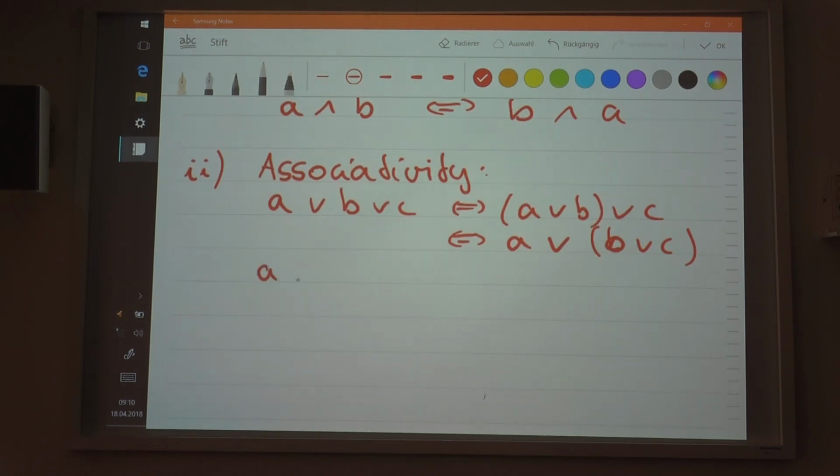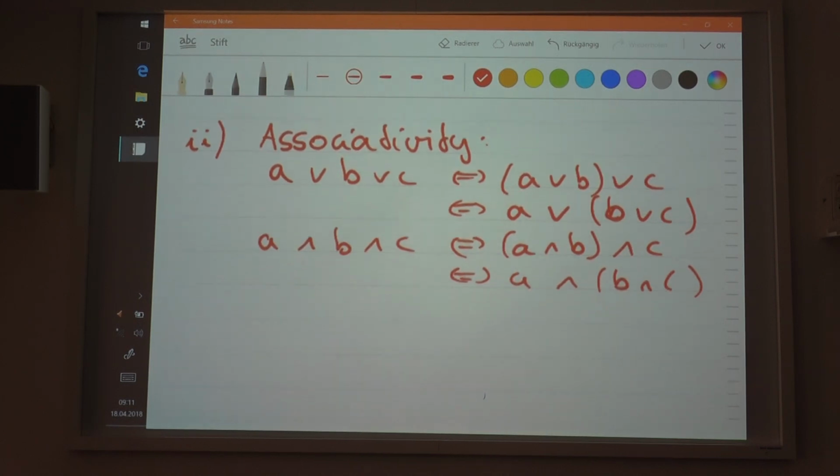So you have A and B and C is equivalent to A and B, and C, and you have another equivalency here, A and B and C. So this is also true for the conjunction. You say in this case that the conjunction is associative. So both disjunction and conjunction are associative.